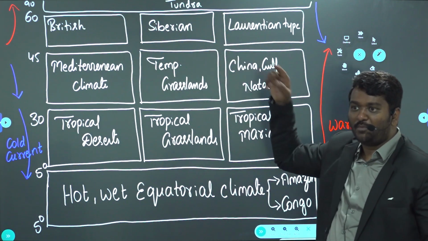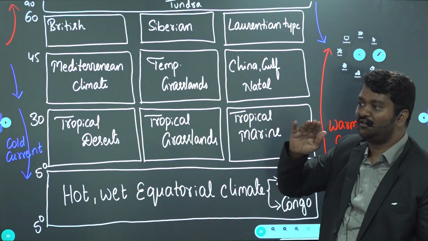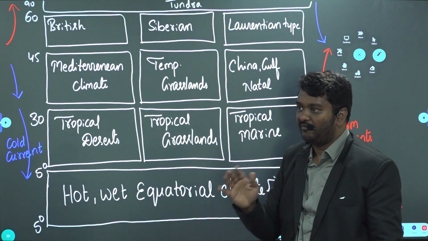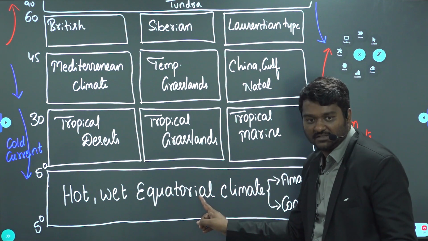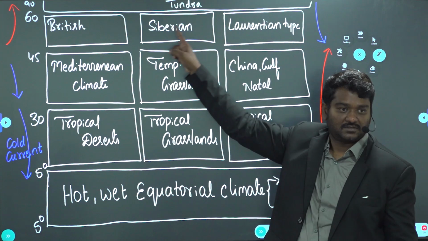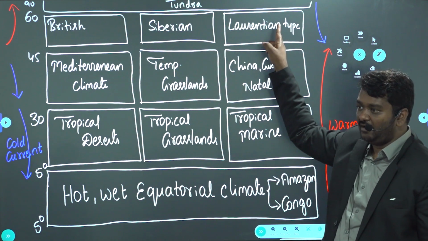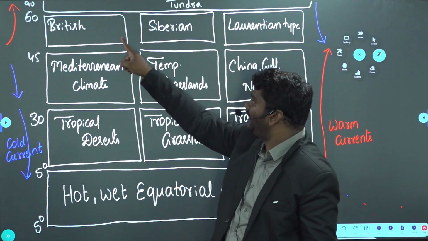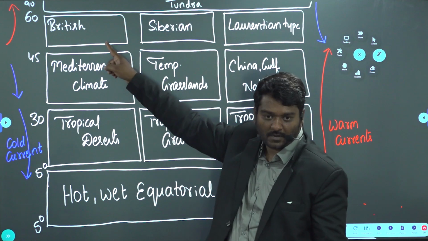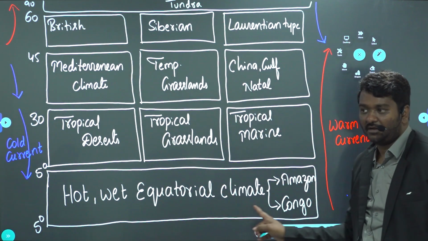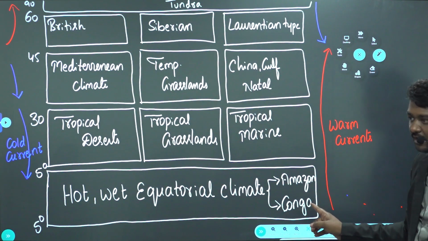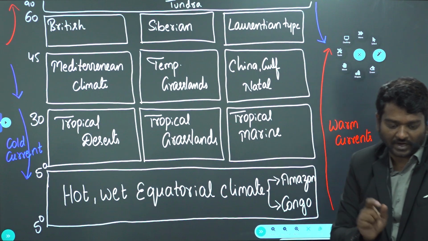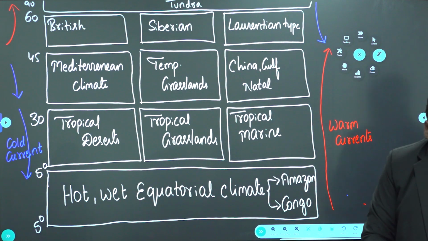The moment you see rainfall is present throughout, where do you get? Either this or this. Fine. This you will get, and this area you will get rainfall throughout. So some keywords to identify, you write down below.